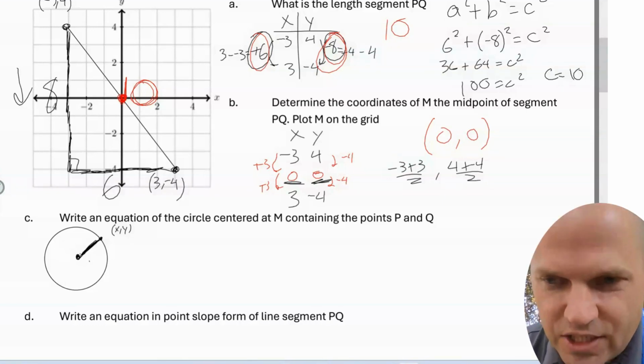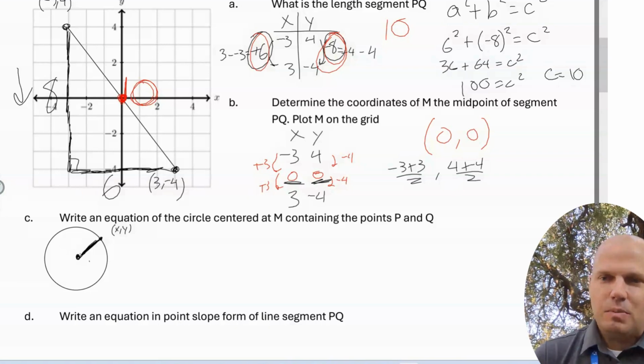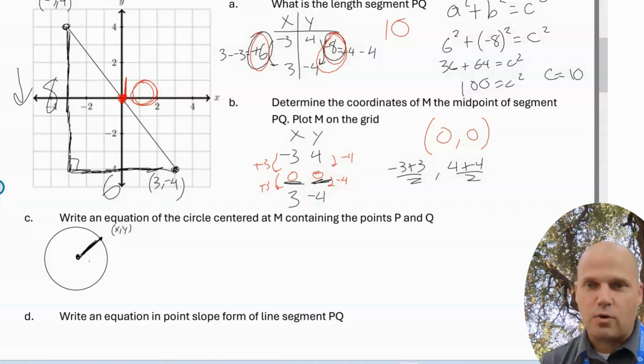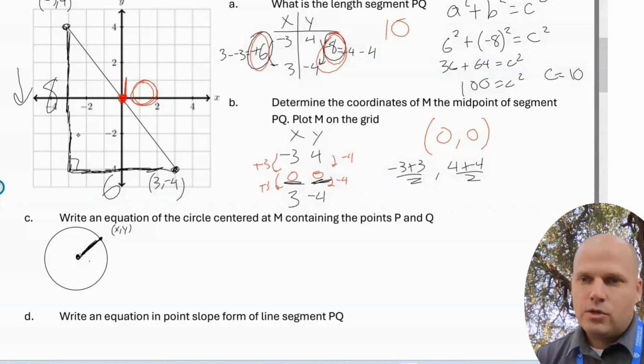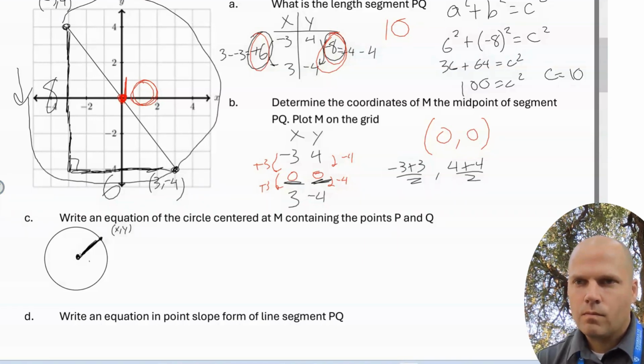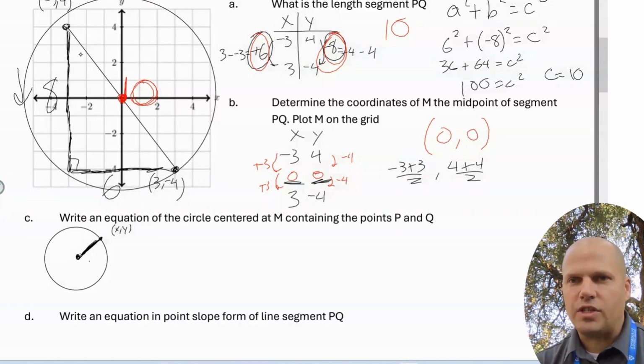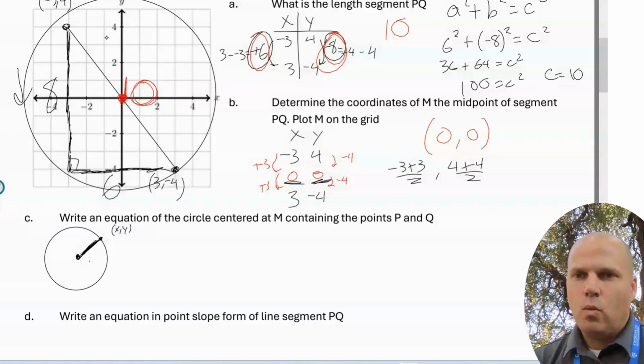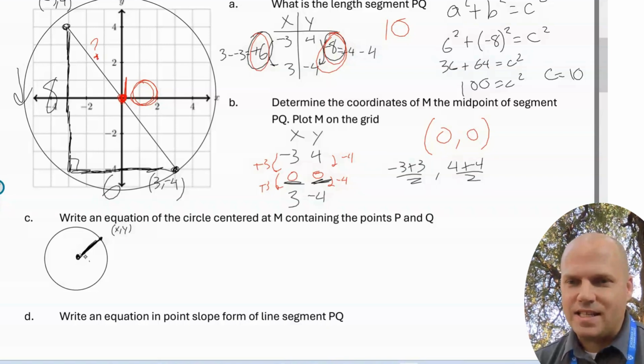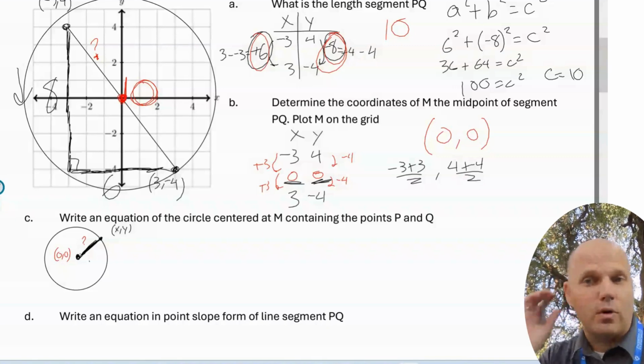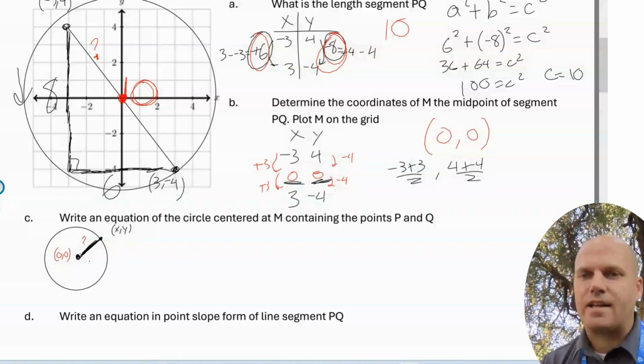This is actually easy to figure out, but you could do some extra work if you wanted to, if you want to check. So here is the idea of, this is the circle. Okay, there's a circle. It contains both those points. What is this radius, this length here? And we have the center, which we know is at 0, 0, that midpoint. What's that length here? Well, hopefully you're figuring out it's 5.